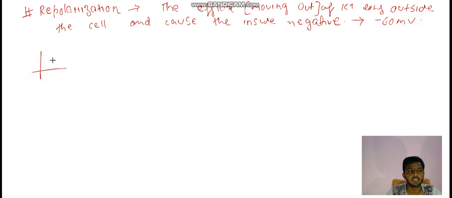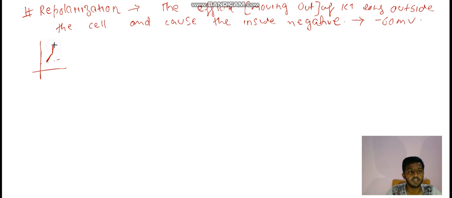Again I will draw this. So this is the first phase, that is the local potential. After that, next is depolarization.